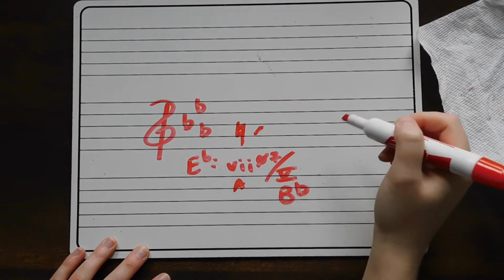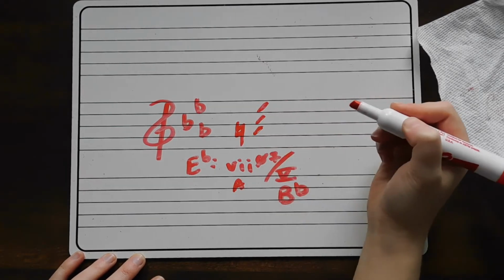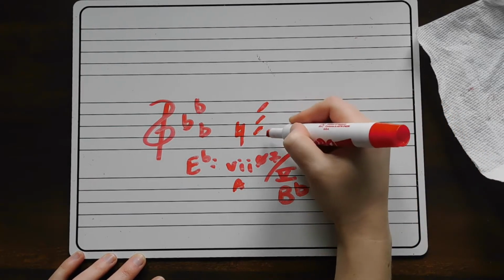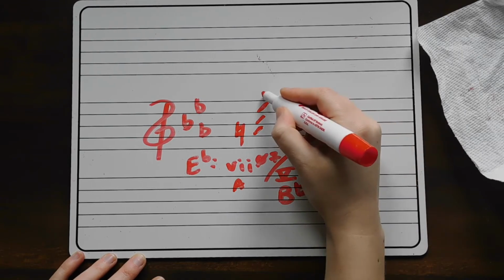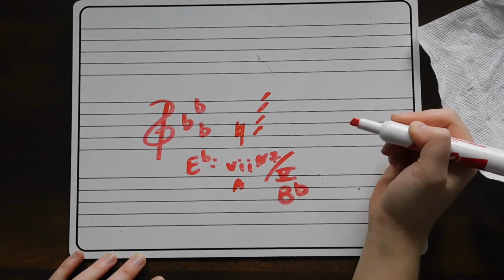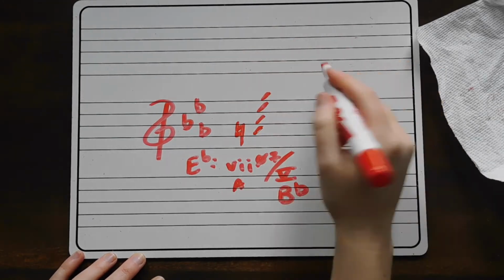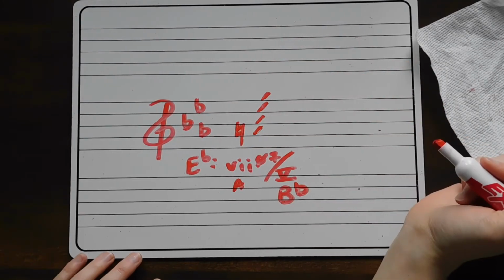Because it's A flat in the key. A, C, E flat. That's a diminished triad. And then we need a minor 7th. A to G. Well, A to G sharp's major. A to G natural is minor. Perfect. So all that you needed for this one was one accidental.